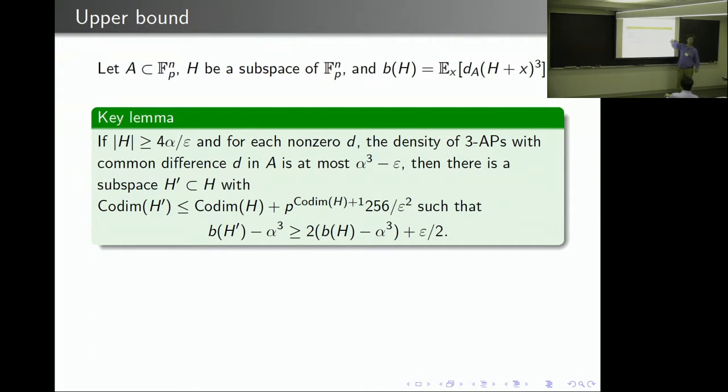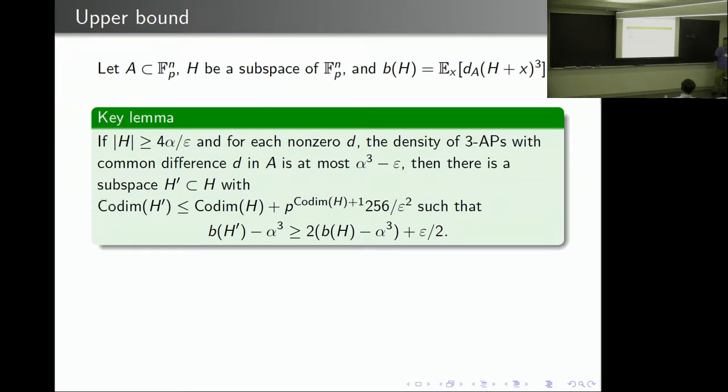Now, usually when you do regularity type density increment arguments, you often do the square instead of the cube. But there are other places where we use different functions here, and they've been useful in other problems. Here, cube is actually the right choice to make. It has to do with the fact that a three-term arithmetic progression comes from three variables. And if instead of your set A, you had a function from F_p^n to [0, 1], you can think of it as the characteristic function of A, but now you allow it to have values between 0 and 1.